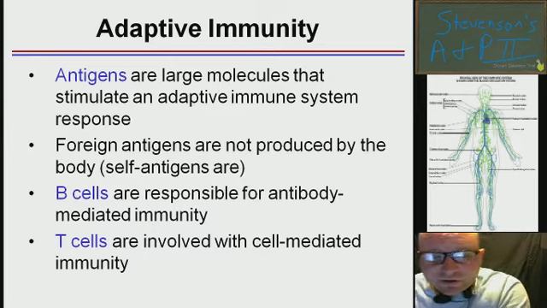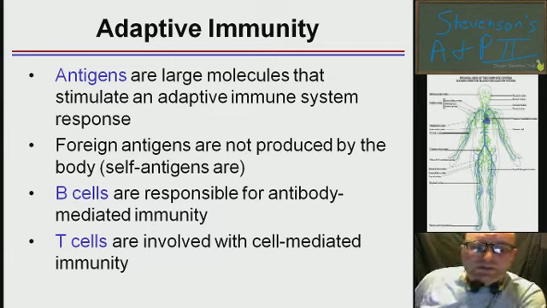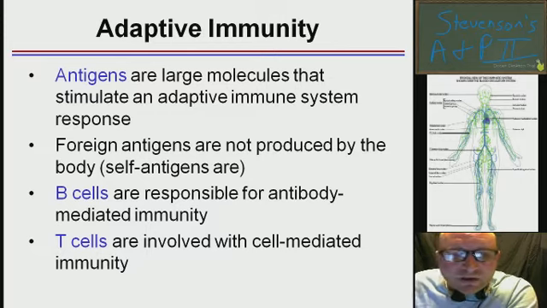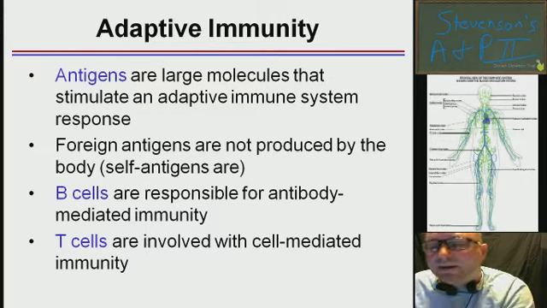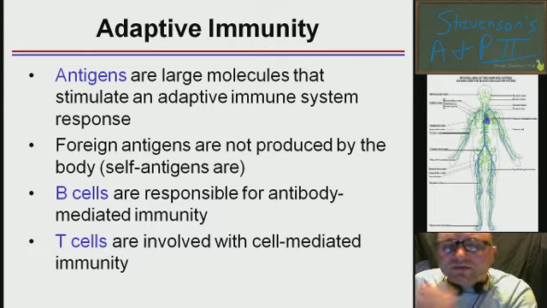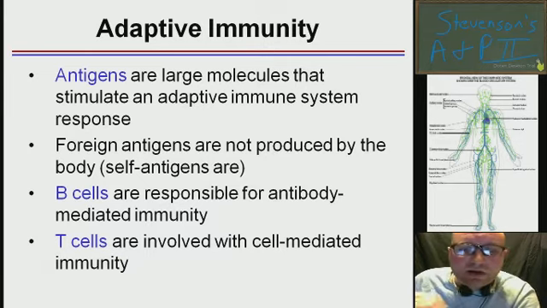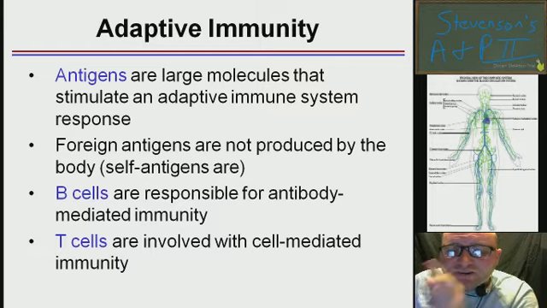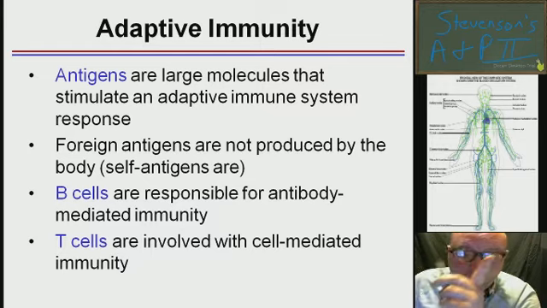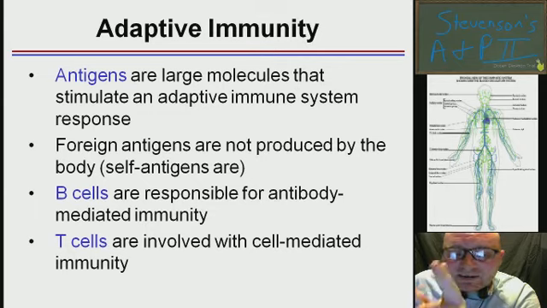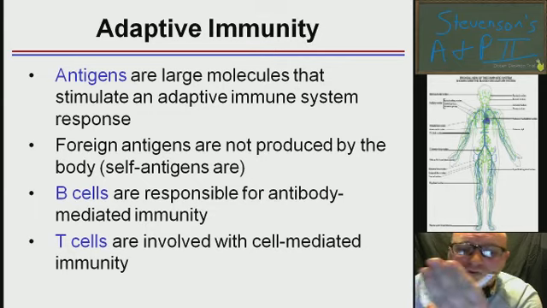We're going to talk about antigens and how antigens are formed. Antigens are large molecules that stimulate an adaptive immune system response, which means it's going to send in something to remember, one, and attack, two, and remove the threat, three.